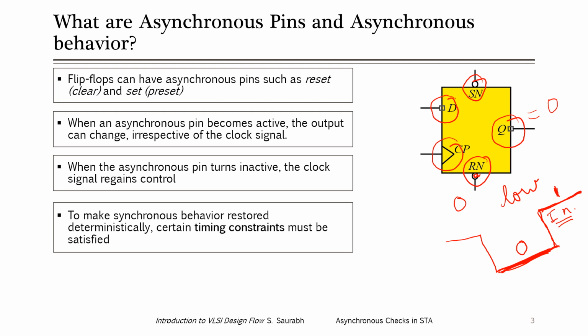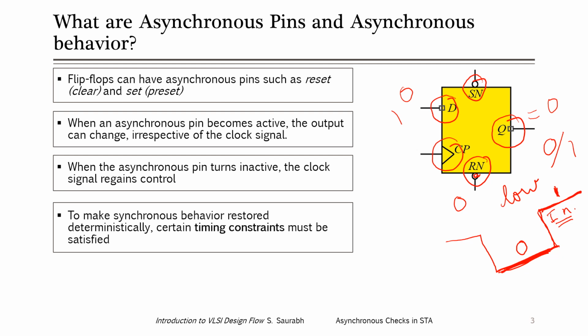Otherwise, the synchronous behavior will not be restored deterministically, meaning that we will not be able to know whether, whenever the clock edge comes, D is getting correctly produced at the output Q. If D was 0 and the clock edge comes, we want Q to be 0. If D was 1 and the clock edge comes, we want Q to become 1. So this is a deterministic behavior.